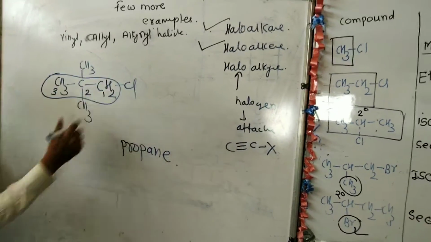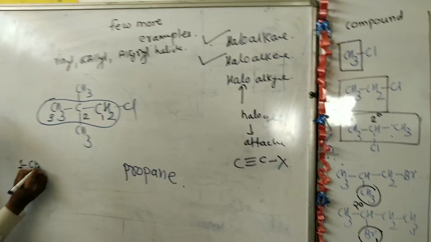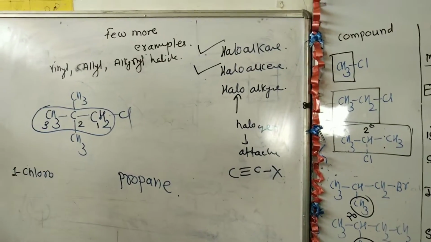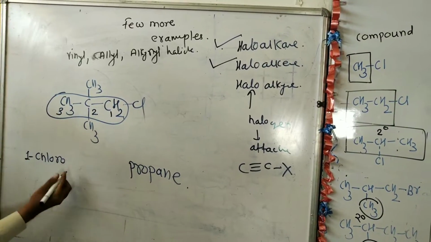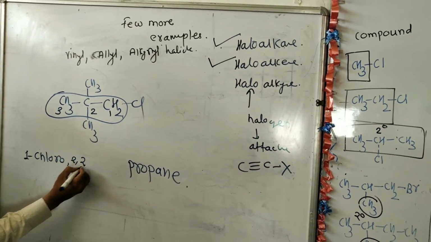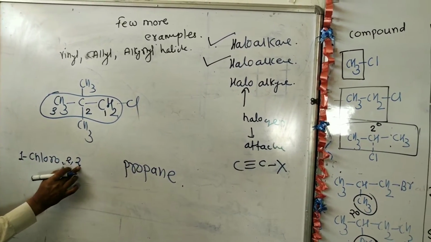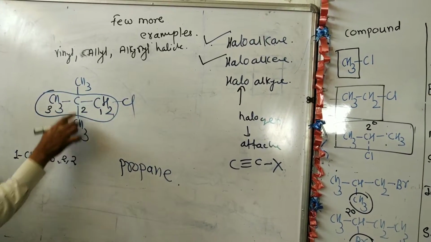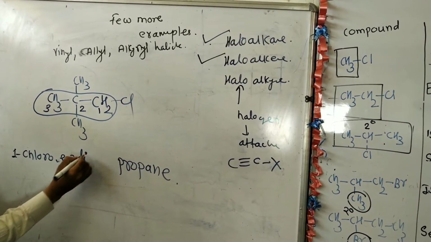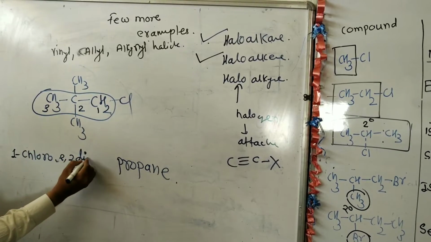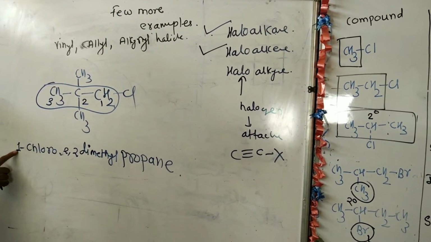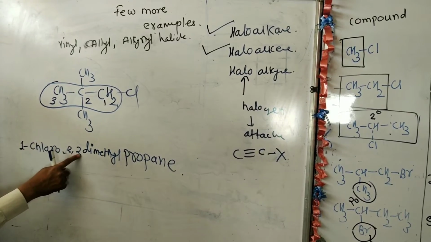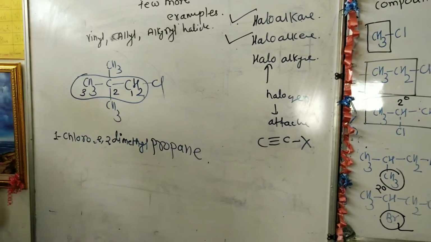Number 1 carbon carries chlorine, that's why it is called 1-chloro. Number 2 carbon carries 2 methyl groups, that's why 2, and 2 times methyl is called di, so dimethyl. So it is called 1-chloro-2,2-dimethylpropane.